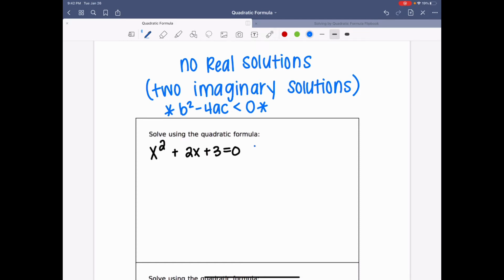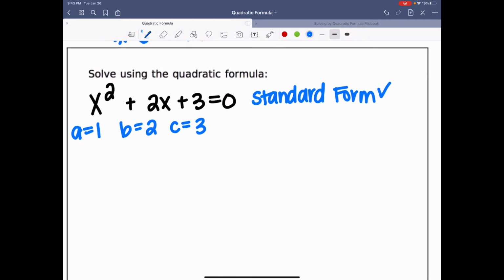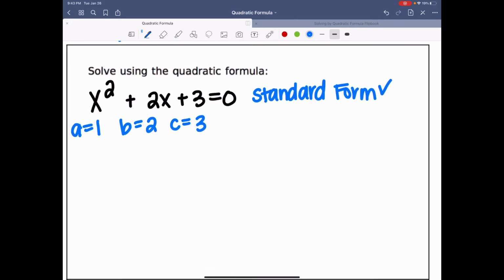So with the quadratic formula, again, we want to make sure we have standard form. Since we have standard form here, we can go ahead and find a, b, and c. A is 1, b is 2, c is 3. Now, I'm going to zoom in here and make my pen a little bit smaller because this is going to take up quite a bit of room.